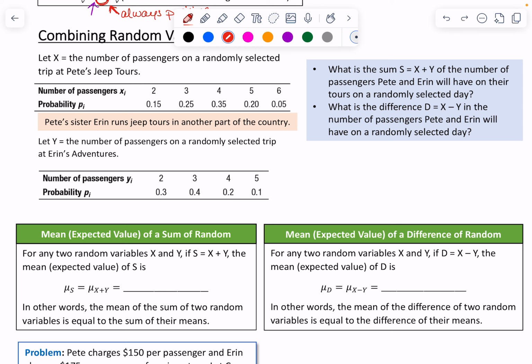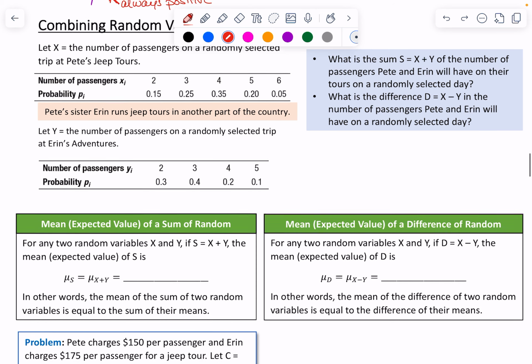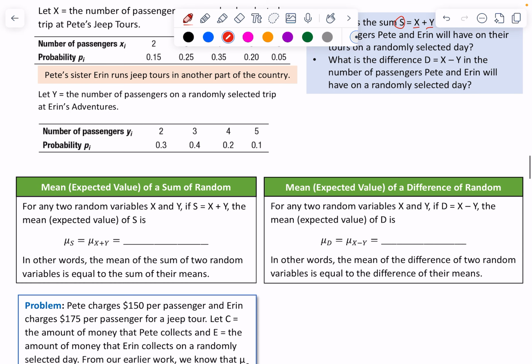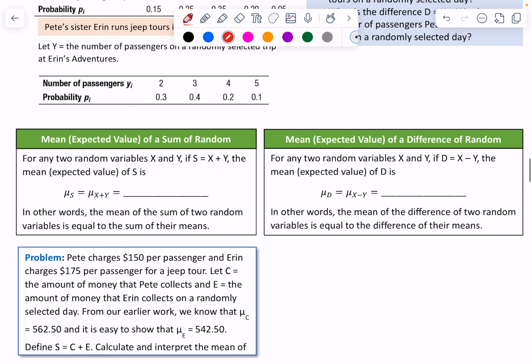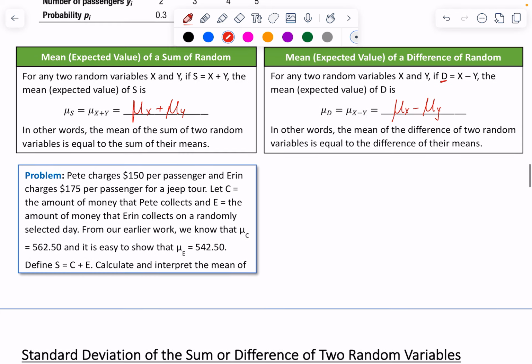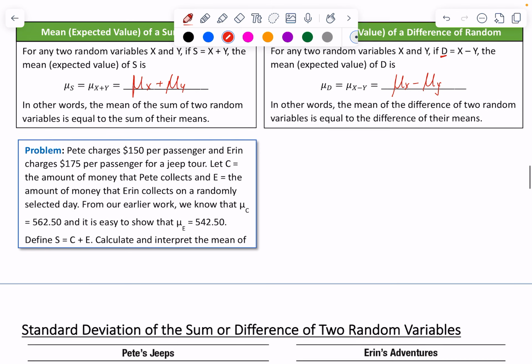So if we wanted to just add Pete and Erin together, like we wanted to find the sum of them, so just Pete plus Erin, literally to find their new average, all we're going to do is add the two together. And if we wanted to find the difference, right, D for difference, we're just going to subtract the two. That's it. So Pete charges $150 per passenger and Erin charges $175 per passenger.